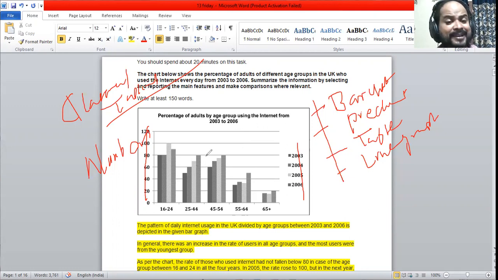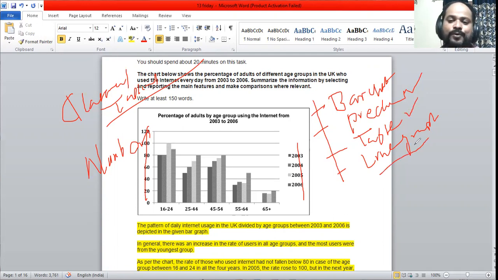We do have mathematical calculations here, so we need to be a little bit updated with the calculations, the addition, subtraction, all these things. Fractions are important in pie chart. In table, you can say addition and subtraction.